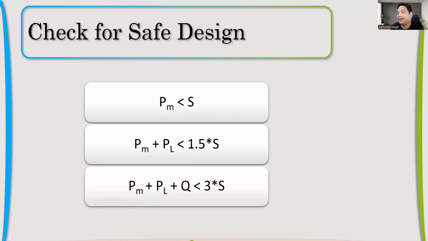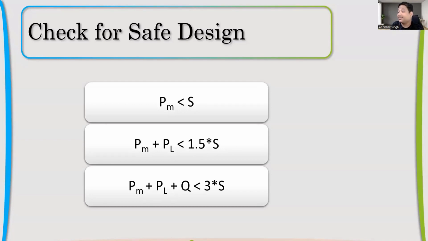If you see across the cross section, it's 0. If you do just the summation across the cross section, it's 0. So because of the secondary nature of the bending stresses, if we are adding PM plus PL plus Q, you can allow up to 3S. Still your vessel is safe.